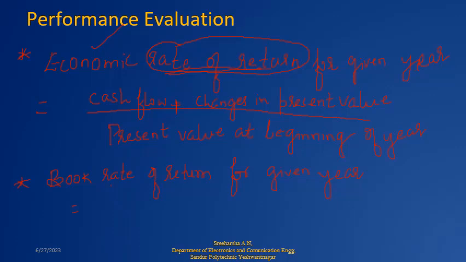The formula is almost the same: cash flow plus changes in book value, where earlier it was changes in present value. The whole thing is divided by book value at the beginning of year.